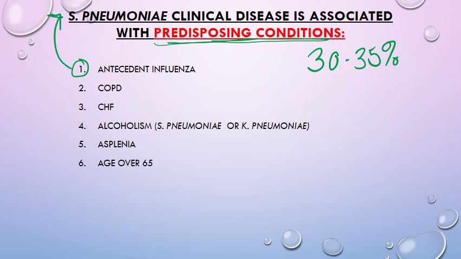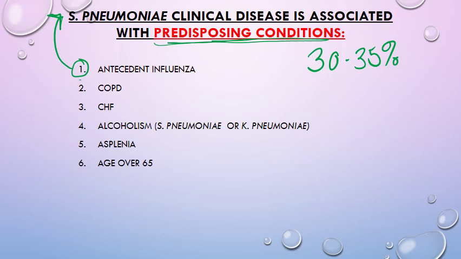So what happens is the flu virus lyses epithelial cells, it kills cilia, or damages them, and that makes it so that strep pneumo isn't normally cleared out. It isn't pushed upward, and now it has access because the epithelium is damaged. And that allows it to get into the lungs and cause pneumonia.